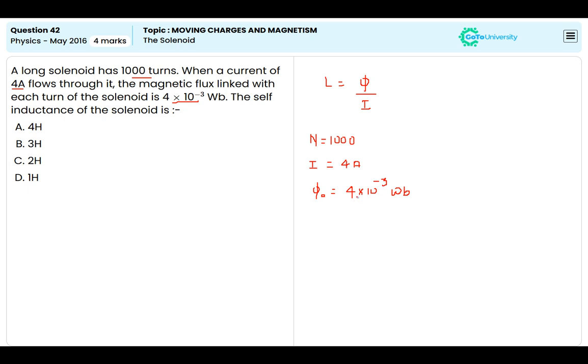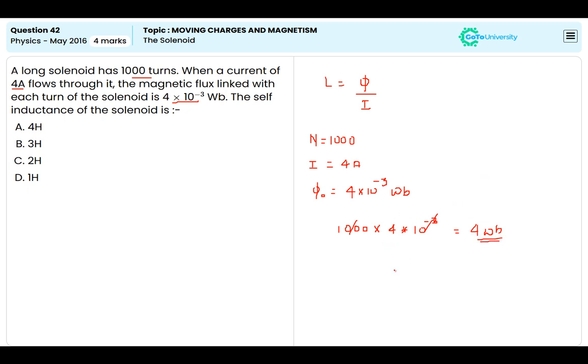The initial flux is equal to 4 into 10 power of minus 3 and the number of turns is equal to 1000. Then that is 1000 into 4 into 10 power minus 3. So this one and this one will get cancelled and our answer is 4 Wb.